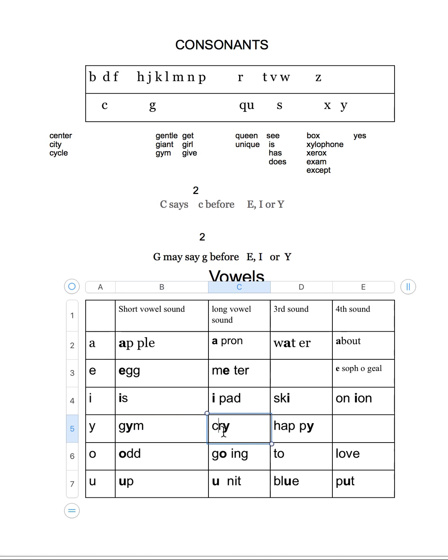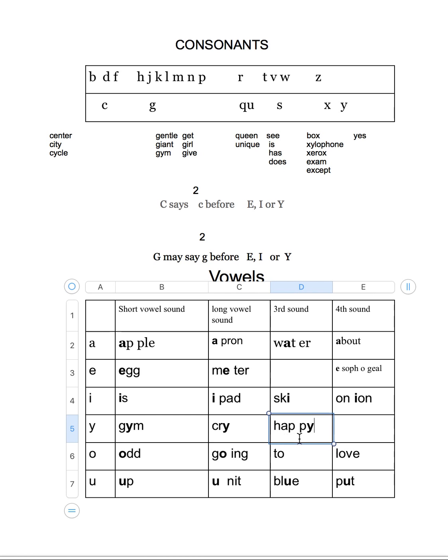The Y says I in cry. That's the long I sound, found in small words: my, buy, fly, sky, and a few words like testify, satisfy, fortify.